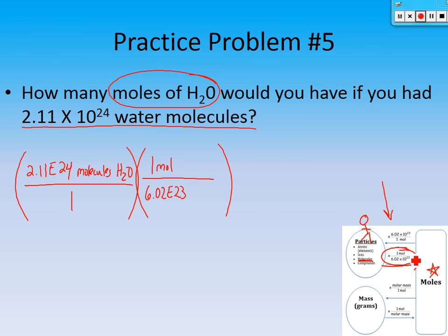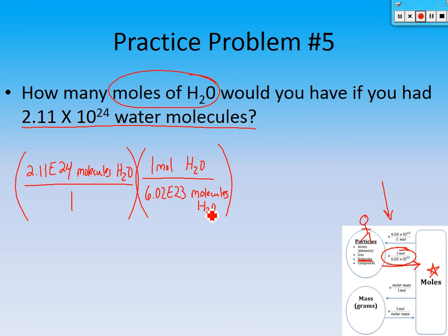But if molecules of H2O is on top, we know that it's got to go on the bottom of your next one. What goes here? Well, we're talking about that number of molecules of H2O. Well, in 1 mole of H2O, there's that many molecules of H2O.